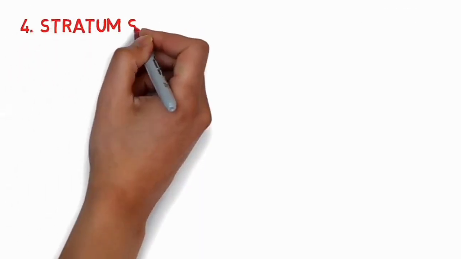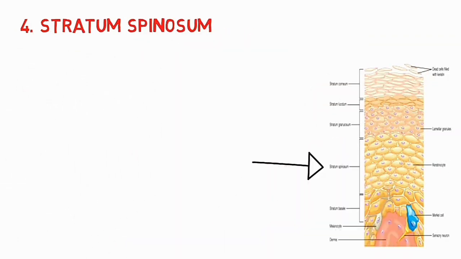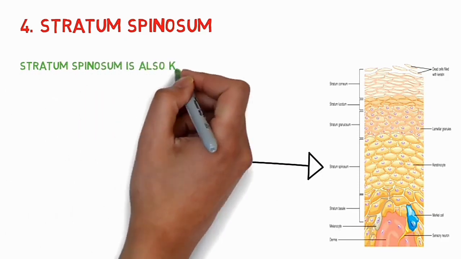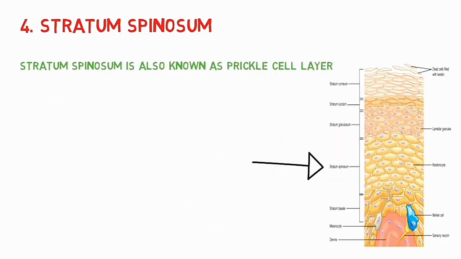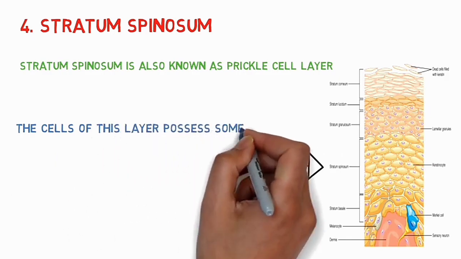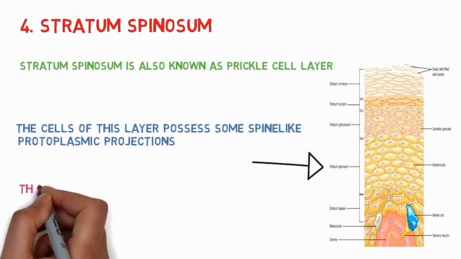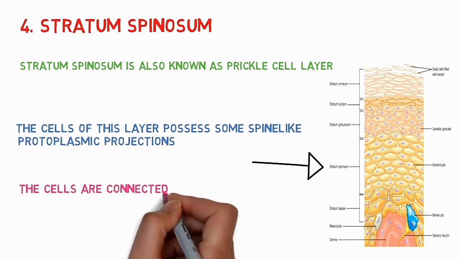Now, fourth, stratum spinosum. Stratum spinosum is also known as prickle cell layer. The cells of this layer possess some spine-like protoplasmic projections. The cells are connected to one another.